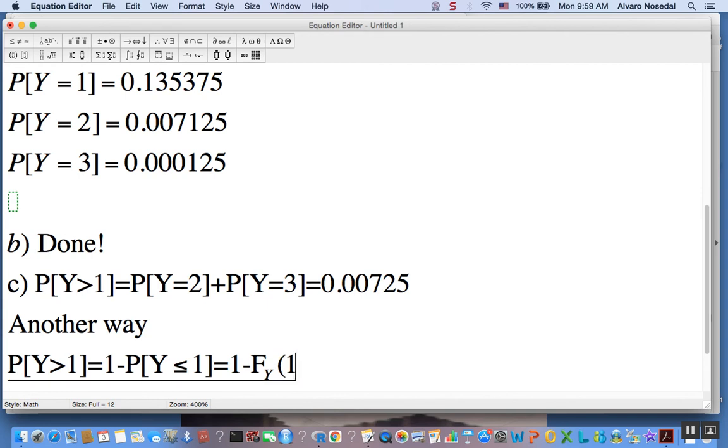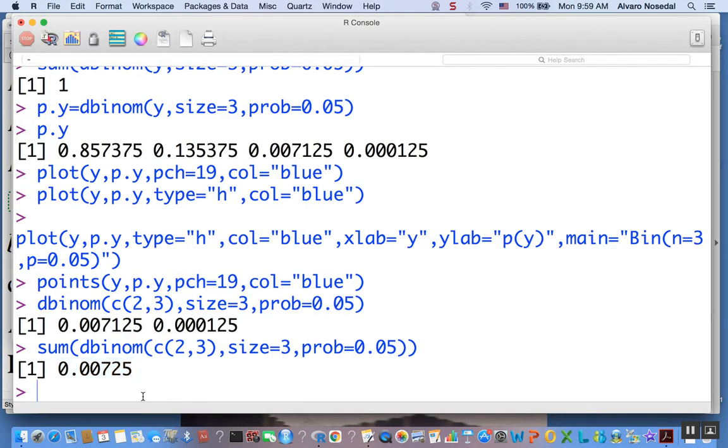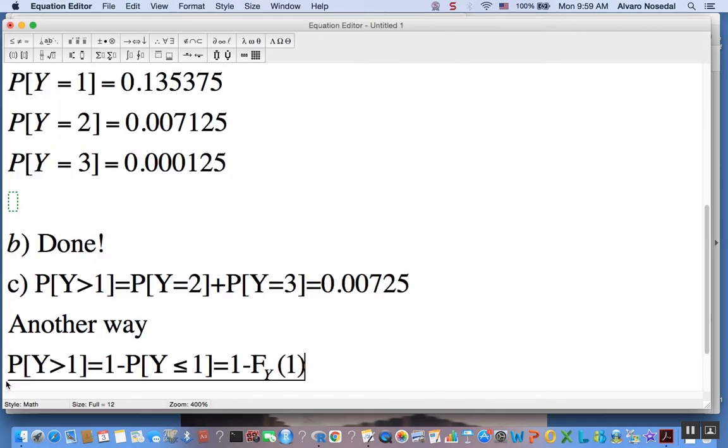evaluated at 1. Okay? Now it turns out that R can help you evaluate the CDF. There's a built-in function in R that is going to help you evaluate the CDF for popular distributions like the binomial. So if I'm doing this right, if I compute this 1 minus the CDF of a binomial evaluated at 1, I should get the same answer.